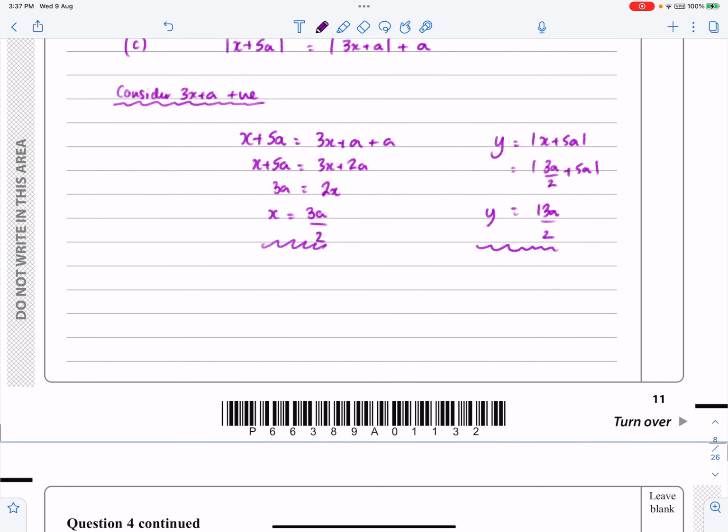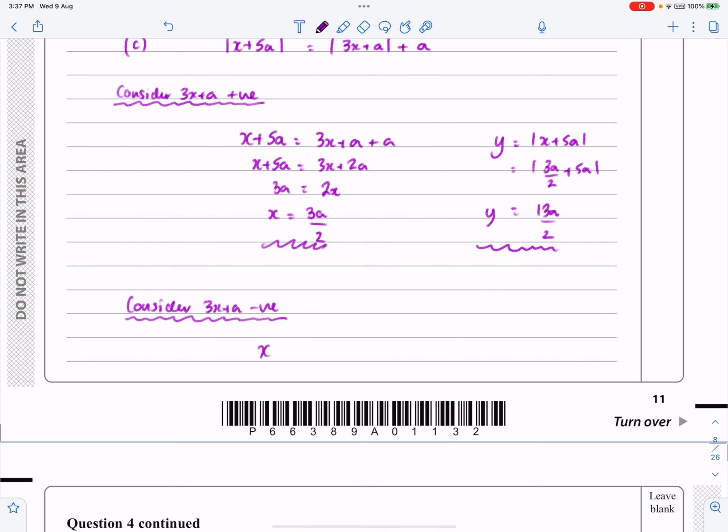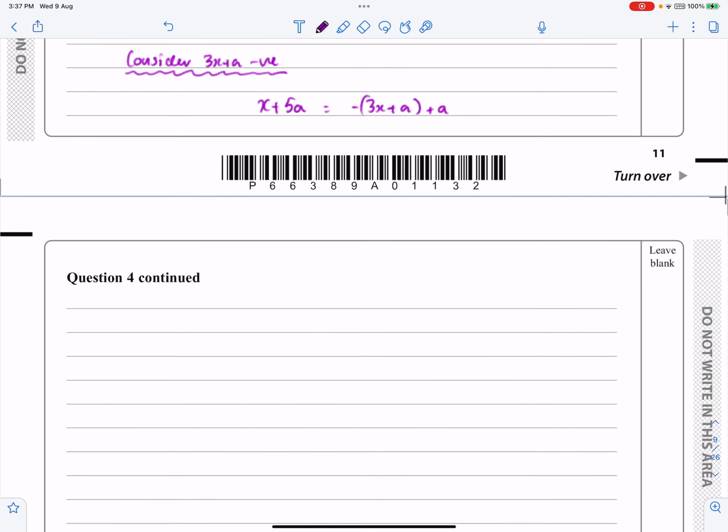And what about if we consider 3x plus a, if instead that was a negative value, then we'd get x plus 5a equals the minus of that, so minus of 3x plus a, and we're just going to do the same thing again, solve this time.